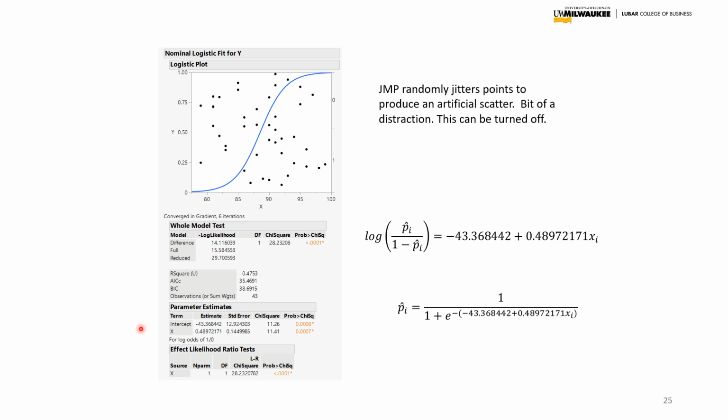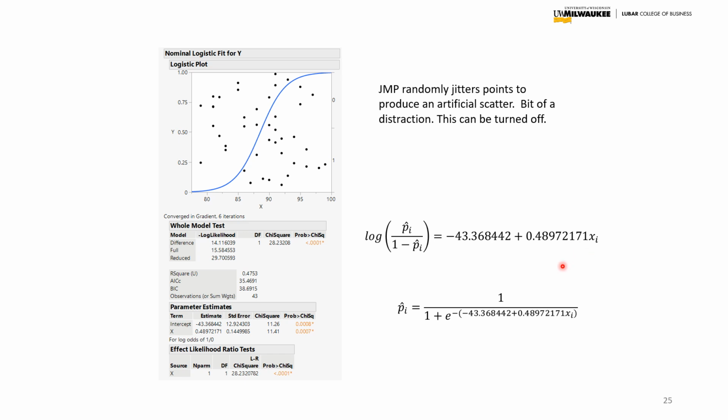We find below the parameter estimates. Now remember, this equation is an estimated prediction function of the logit. So what we have here is the log of the estimated probability of success over the estimated probability of failure equaling, and we see the values here, of minus 43.368442 plus 0.48972171 times x.